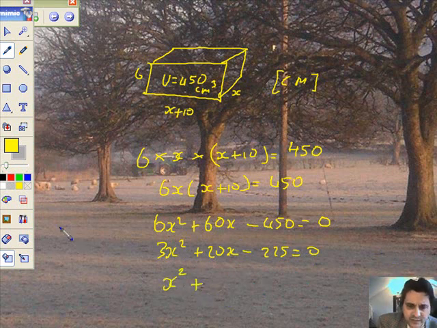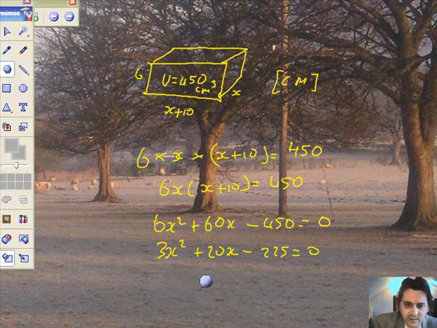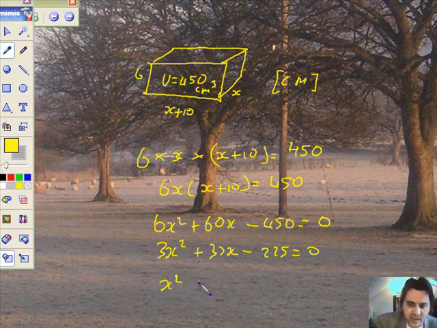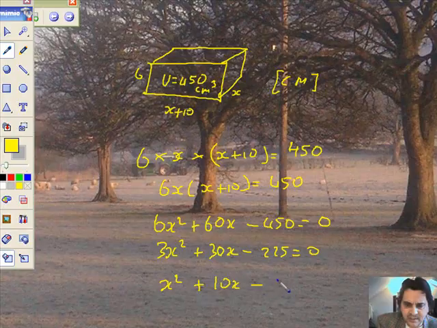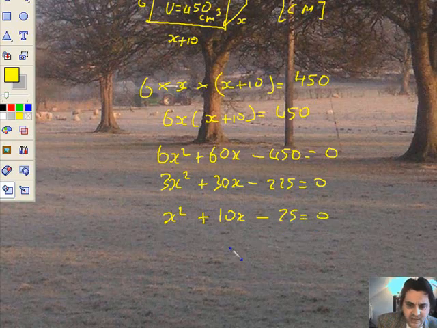Oh, I can't divide by 3. Oh, grief. Stop there then. I should have divided by 2. Therefore, that should be 30. There you go. 30. Now divide by 3. X squared plus 10x minus 75 equals nothing.